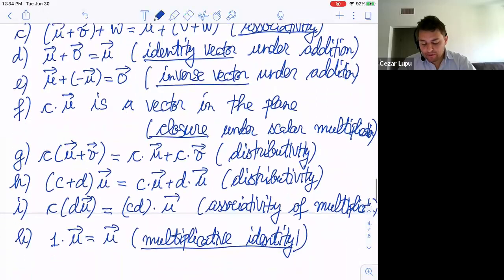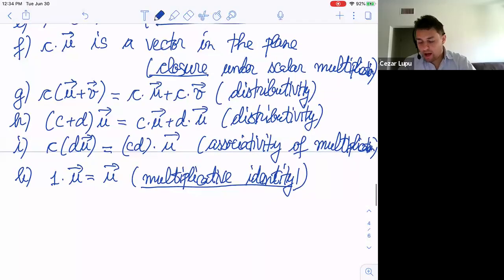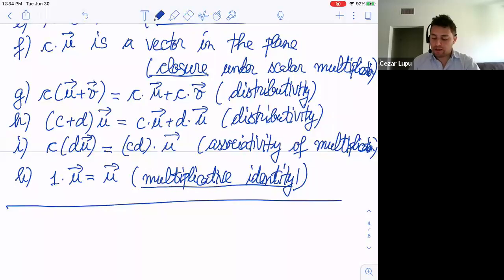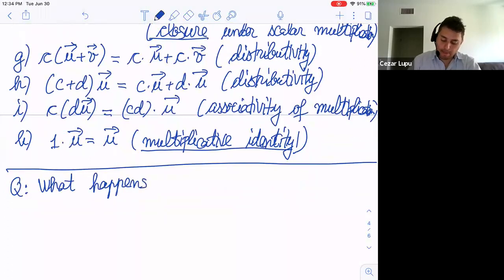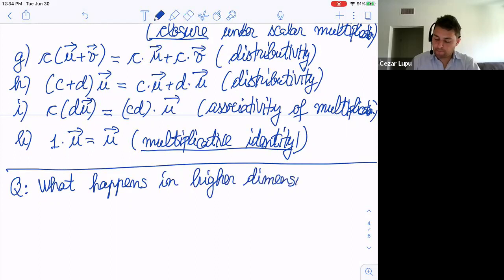Okay, so these are the operations, and these are the vectors in R2. The question is, what happens in higher dimensions? And when I say higher dimension, I mean Rn. What do you think?